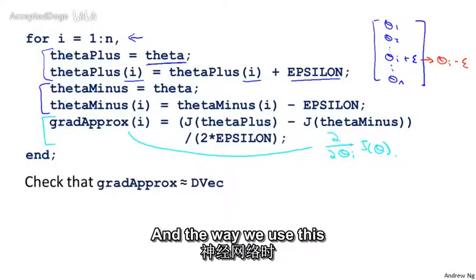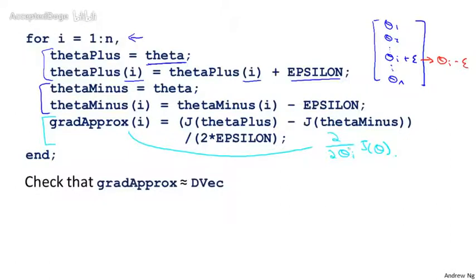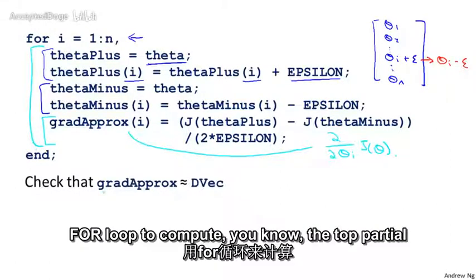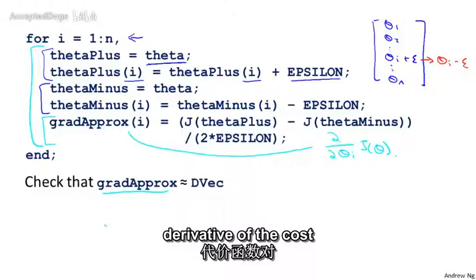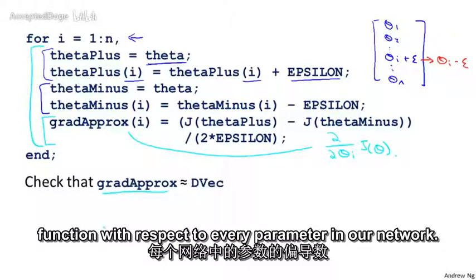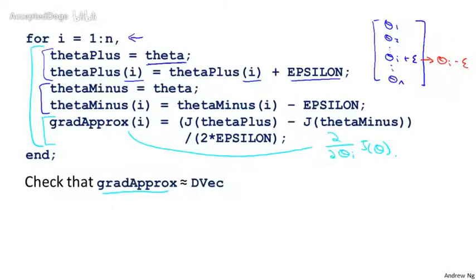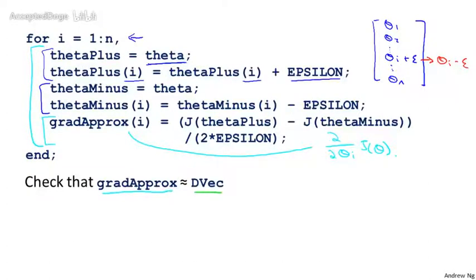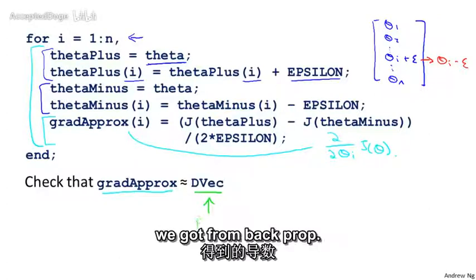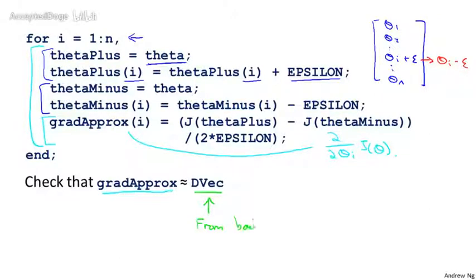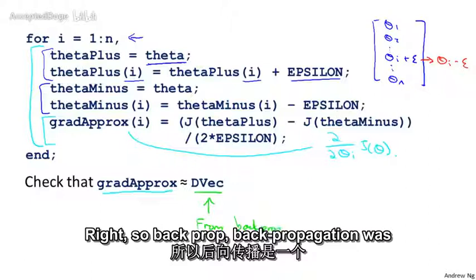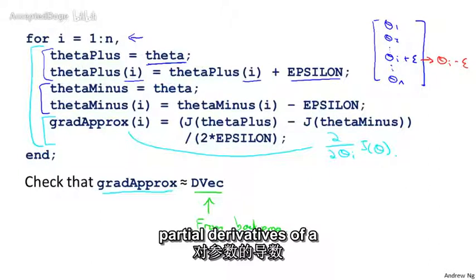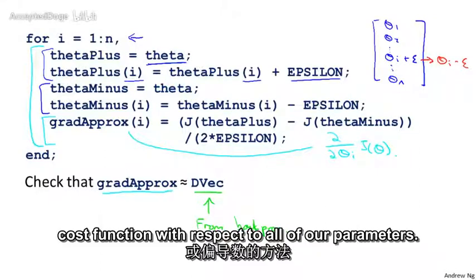And the way we use this in our neural network implementation is we would implement this for loop to compute the partial derivative of the cost function with respect to every parameter in our network. And we can then take the gradient that we got from backprop. So DVec was the derivatives we got from backprop. Backpropagation was a relatively efficient way to compute the partial derivatives of our cost function with respect to all of our parameters.